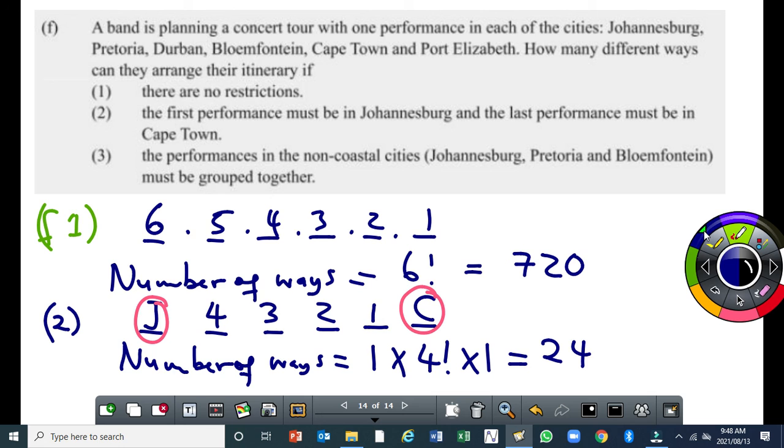Then the third question says the performances in the coastal cities. Now this one requires you to know your geography. And Johannesburg, Victoria, and Bloemfontein must be grouped together. So those 3 must be together. So we have 6 positions. Let's say we have Joburg, then Bloemfontein, then Victoria.